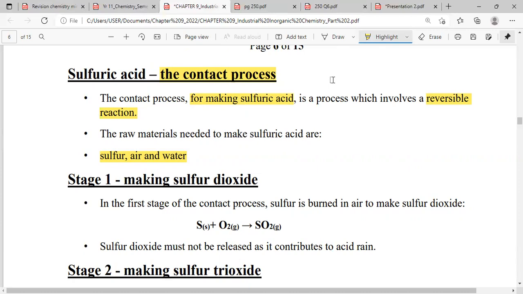And if you look at the chemical industry, quite a large number of chemicals are made. And one of the major chemicals that come out of this industry is sulfuric acid, because sulfuric acid has a lot of uses in our day-to-day life. Later on you will see what the uses are. So now let's move on to the contact process of making sulfuric acid.